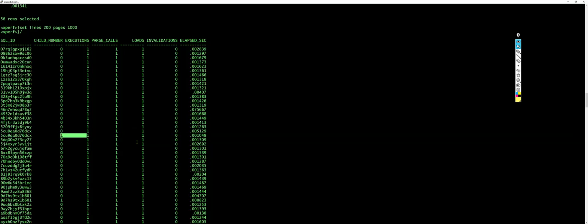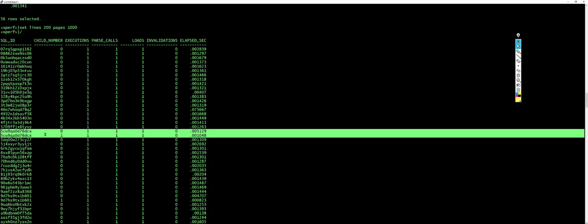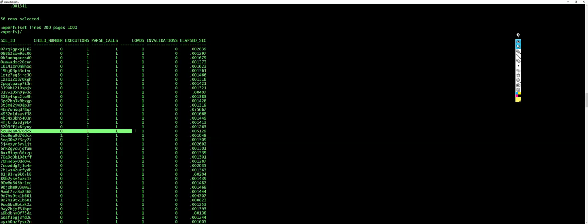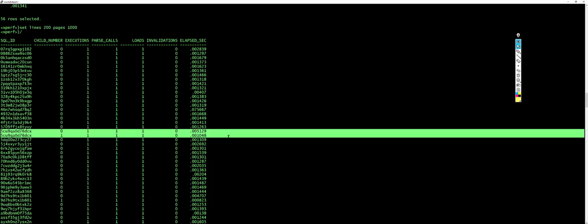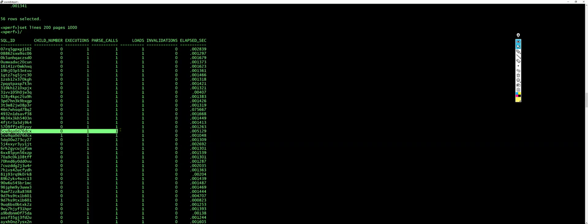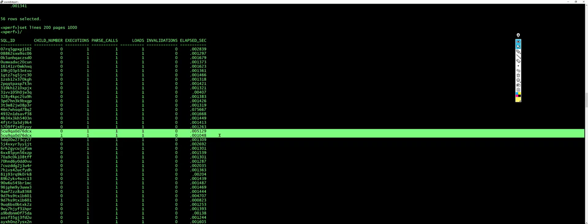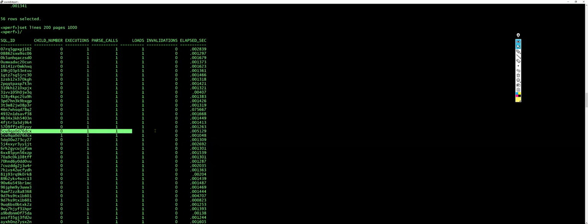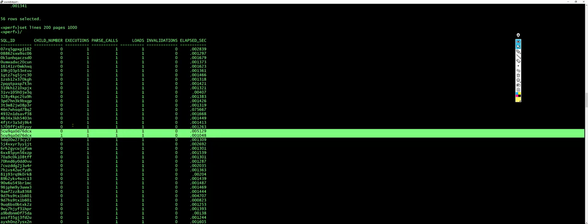So if you want to find the reason why this SQL is not shared in the shared pool: generally, every SQL which is executing multiple times in the database should be shared. If they are not shared, then there is some reason for that, and you need to find out. That is also an issue. Some SQL statements may have thousands of child numbers like this.